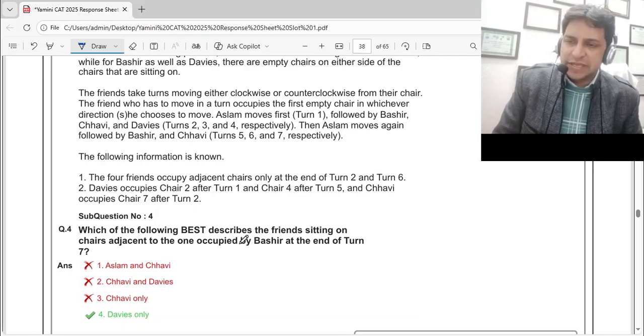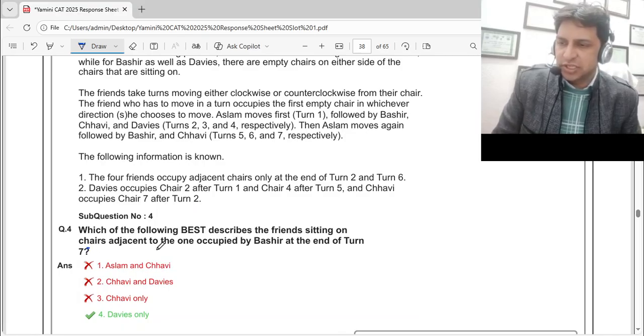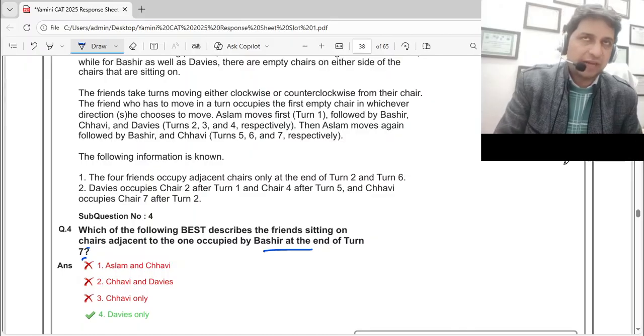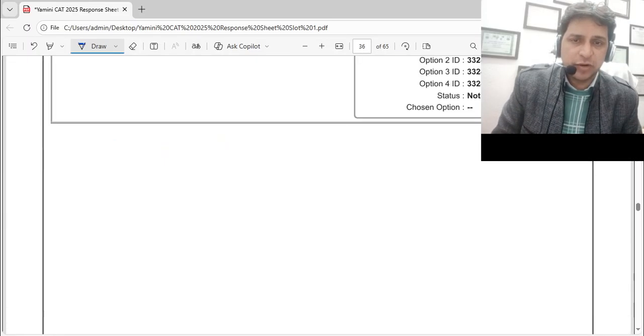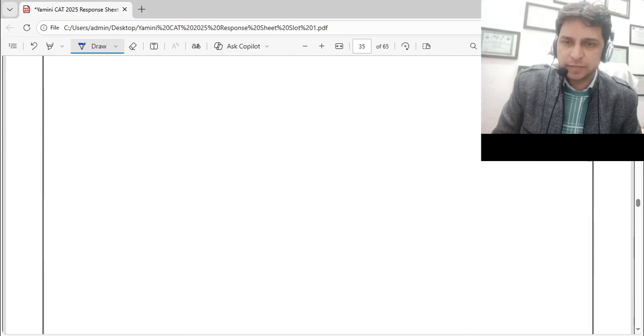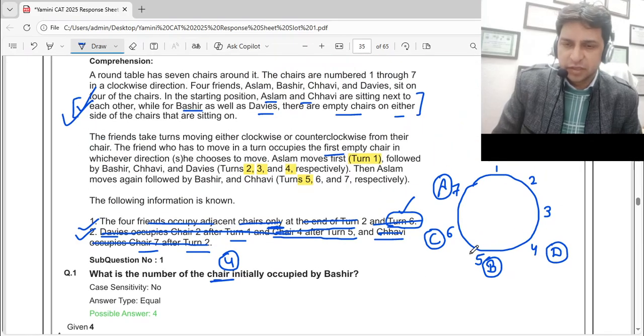Which of the following best describes the friends sitting on chairs adjacent to the one occupied by Bashir at the end of turn 7? So we have to see who is sitting along with Bashir at the end of turn 7. So 6 turns we have already done. We have to take one more. Now the 7th turn is for C. It's C's turn.